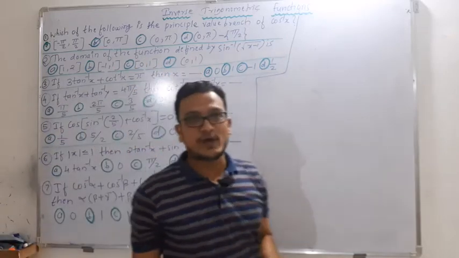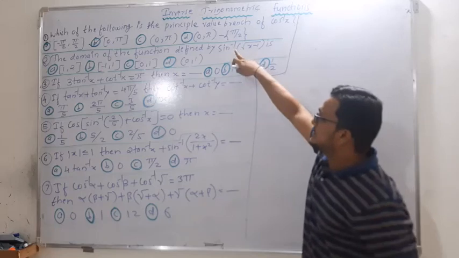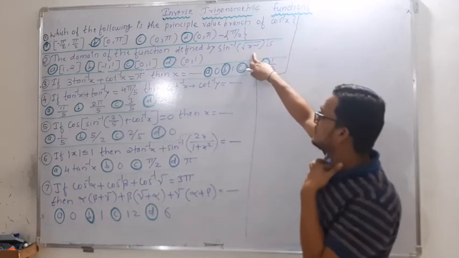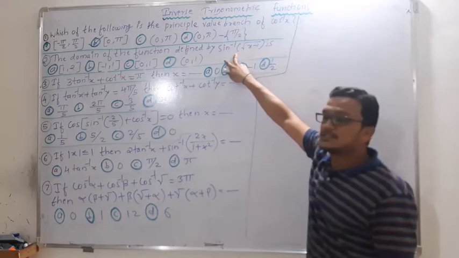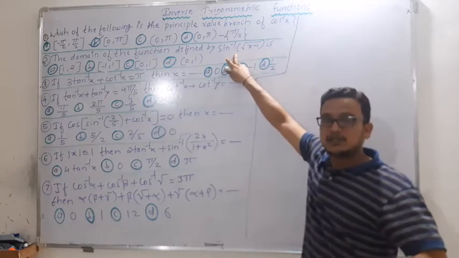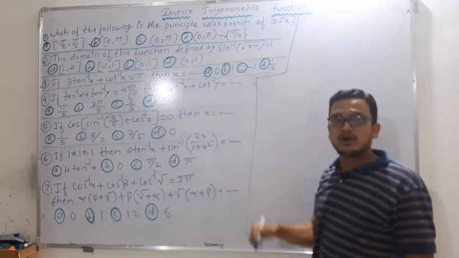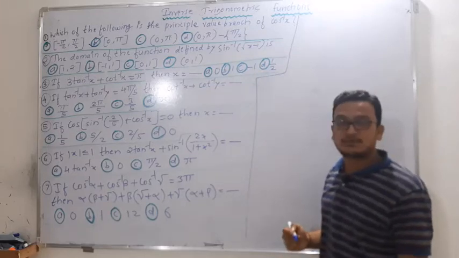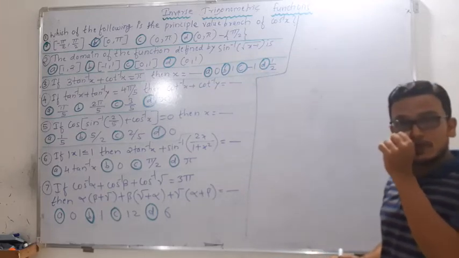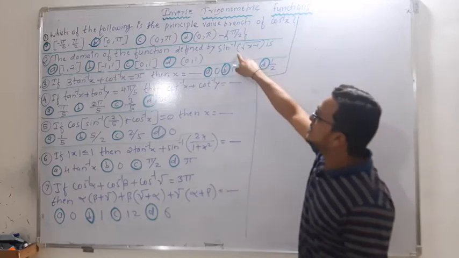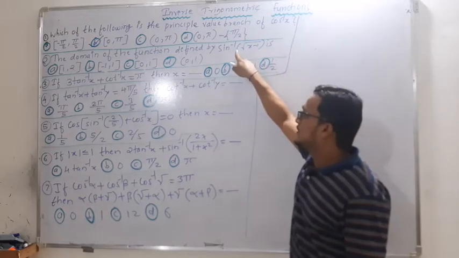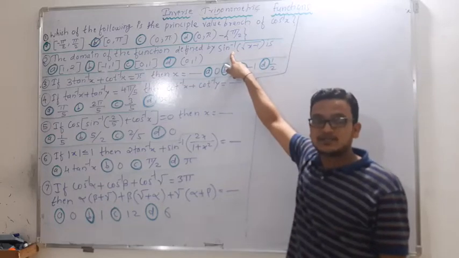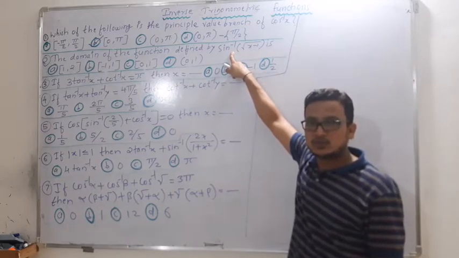Here you have to find the domain of sine inverse of root of x minus 1. If they had asked the domain of sine inverse x, the answer is the closed interval of minus 1 to plus 1. But here it is sine inverse of root of x minus 1. As we know, the domain of sine inverse x is the closed interval of minus 1 to plus 1.